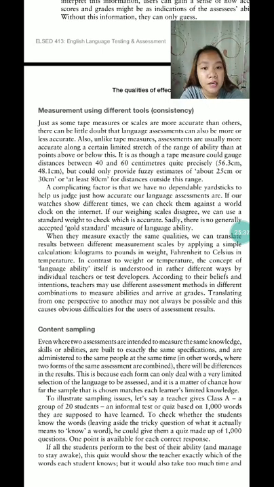A complicating factor is that we have no dependable yardsticks to help us judge just how accurate our language assessments are. If our watches show different times, we can check them against a world clock on the internet. If our weight scales disagree, we can use a standard weight to check their accuracy.